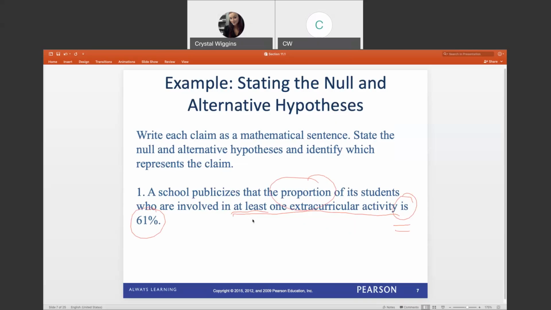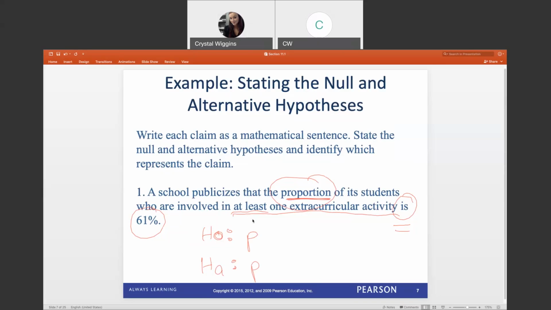So I'm going to label my null and my alternative, and these should always be labeled. I see that I'm talking about proportions, so the population parameter for proportions is p. That's what you always do: you always identify your parameter, and then you translate the claim.